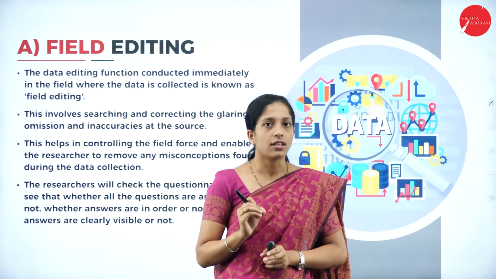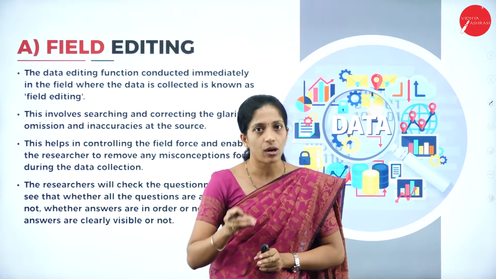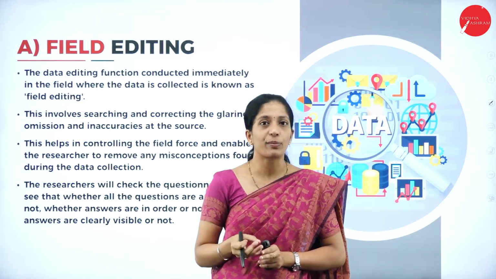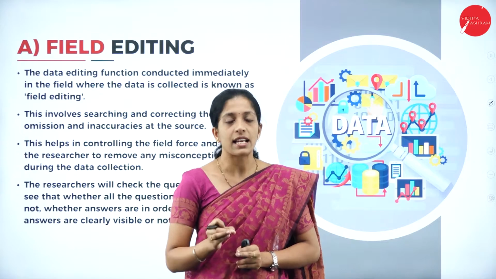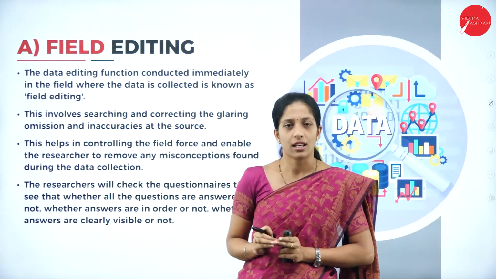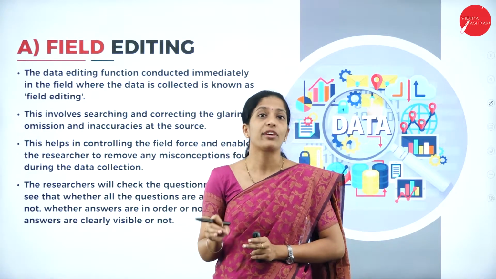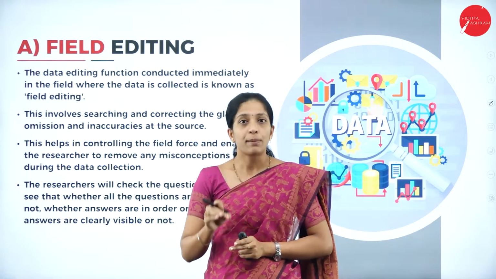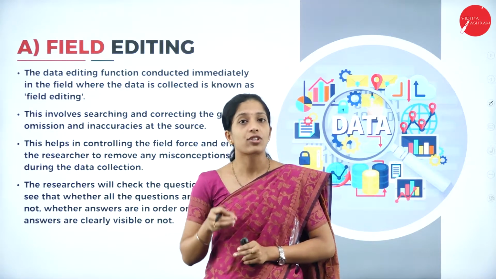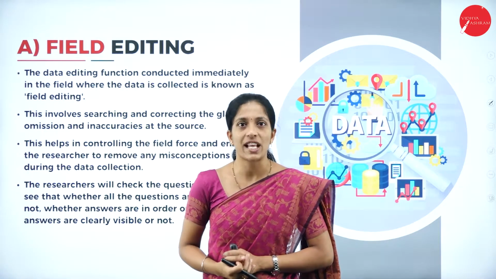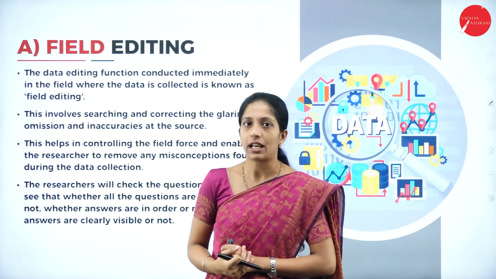After collecting the data, he will immediately check all the items and information collected. If he has any doubt, he can consult those respondents immediately in the field itself. That is, in the place of collection itself, the editing takes place. That is known as field editing.